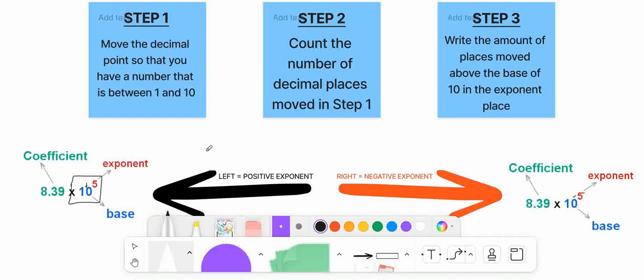However, if we wanted to go back from 1.50 into 150, then we would be moving the decimal to the right. So we would have 2 movements again, right? So one movement over here and a second movement putting the decimal place over here, which makes 150.